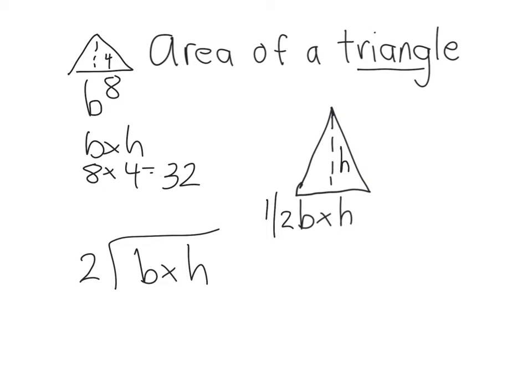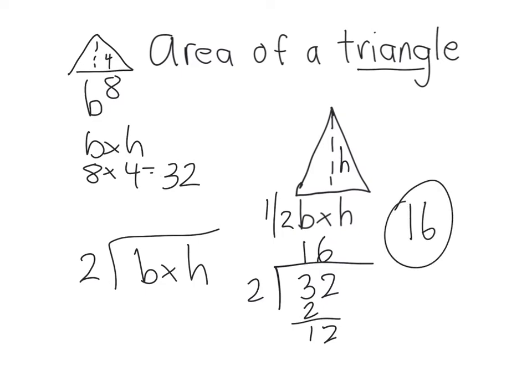Then I would cut that answer in half or divide it by 2. So 32 divided by 2, 2 goes into 3 once, and then 2 goes into 12 6 times. So my answer would be 16. Okay?